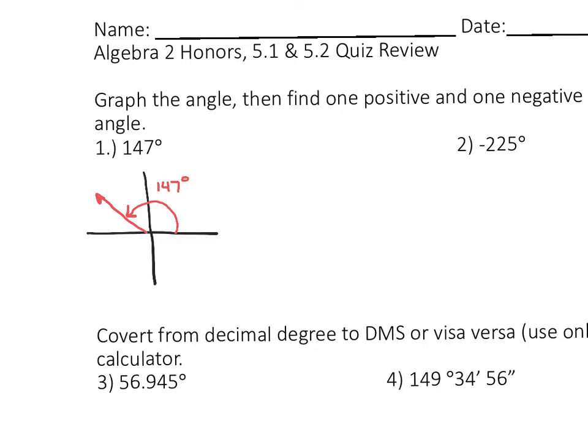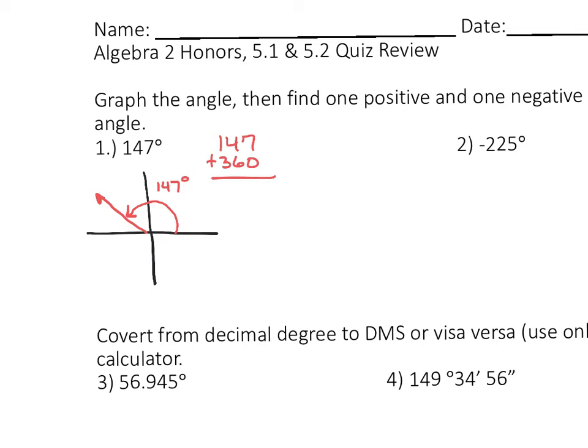Now, as far as the positive and the negative coterminal angles, technically there's an infinite number. You could keep adding and subtracting 360 to get a whole bunch. If you want Canvas to grade it, just give me the very first one you would have gotten by taking 147 and adding 360.